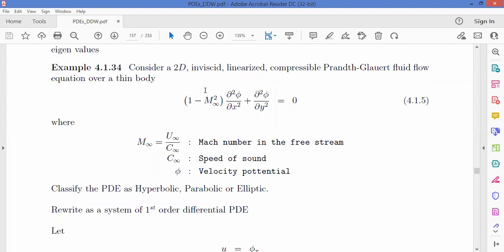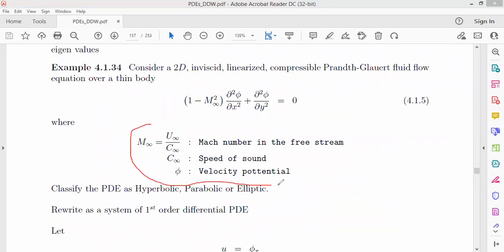When you say consider a two-dimensional linearized compressible fluid flow equation of a thin body, this is what you have here. And then, of course, what you see here is simply trying to unpack what is in the system, that you have your psi, which is the velocity, and of course, this velocity psi depends on x and y. Is that okay?